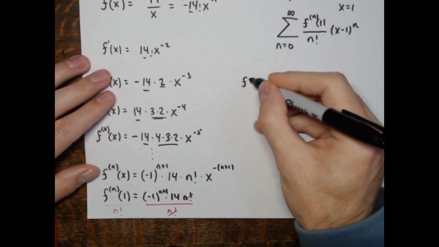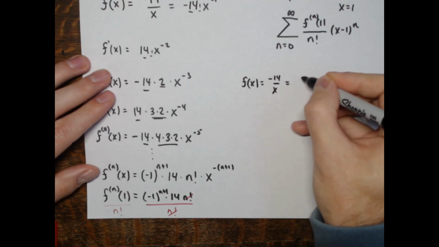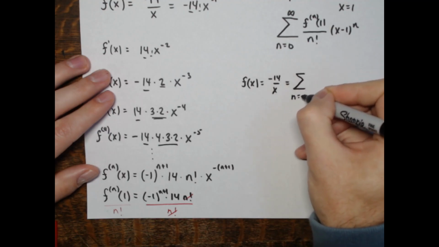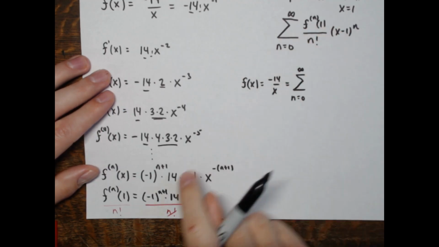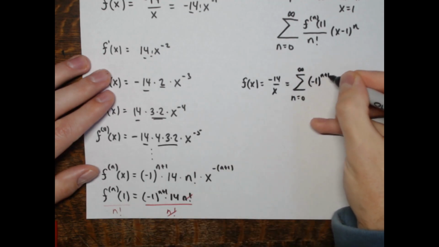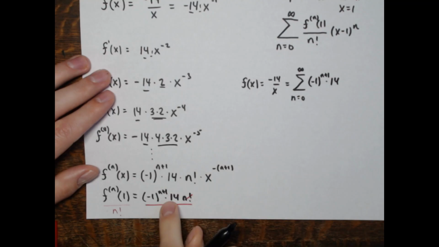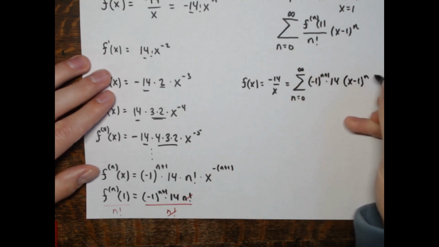So our function here, -14 over x, is the sum from n equals 0 to infinity of -1 to the n plus 1 times 14, and then times x minus 1 to the nth.